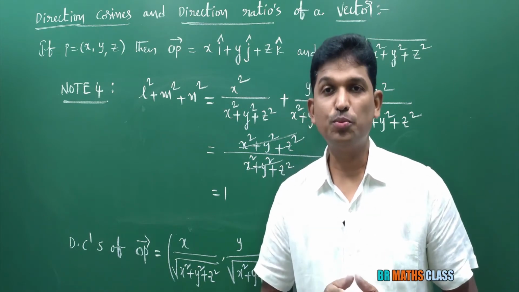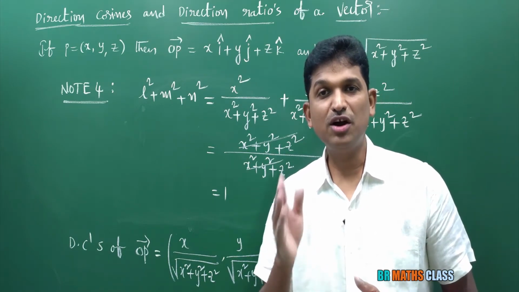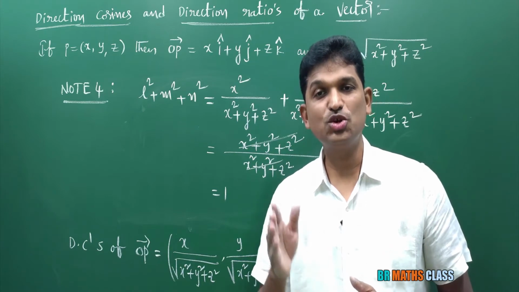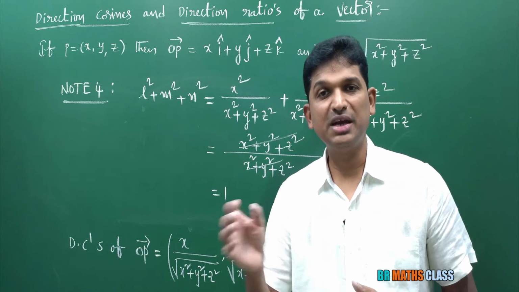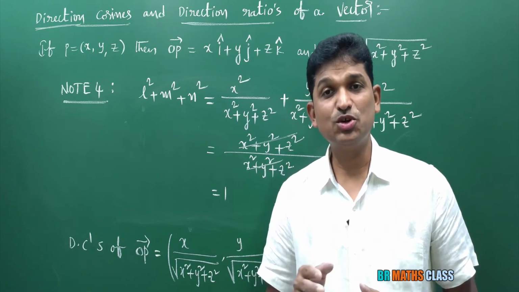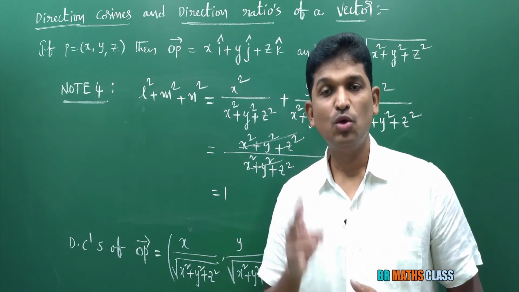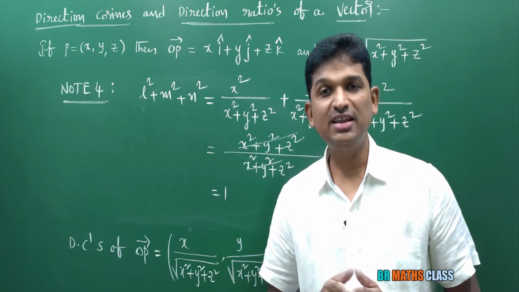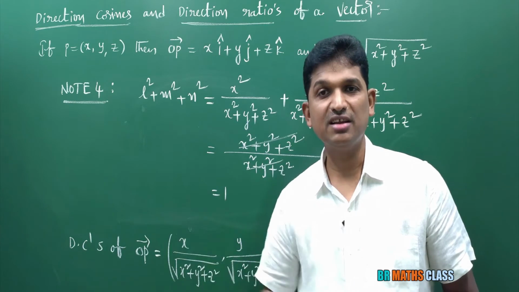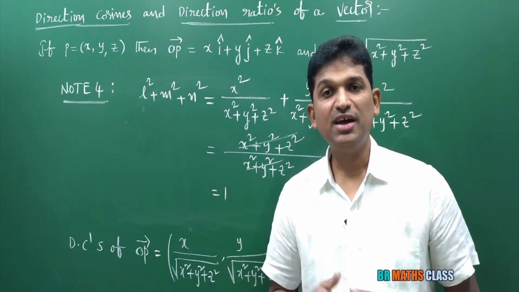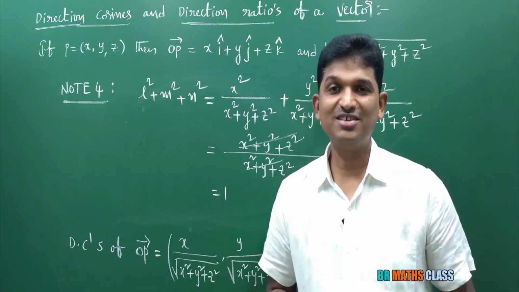What is the first note point? We learned that if cos alpha, cos beta, cos gamma are the direction cosines of a vector OP bar, then minus cos alpha, minus cos beta, minus cos gamma are the direction cosines of the vector PO bar. What is the second note point? Direction cosines of a vector are denoted by L, M, N. From now onwards, L means cos alpha, M means cos beta, N means cos gamma.